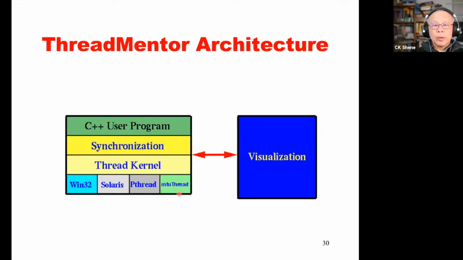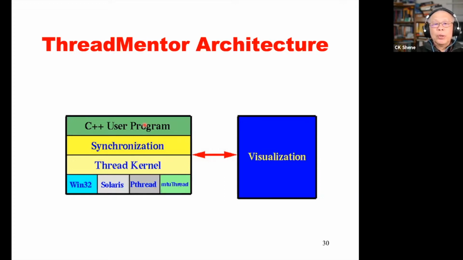We refer to it as MTU thread. So today, the department has no Solaris machine, and Windows moved to Windows 64. So these two are no more needed. And this MTU thread kernel is no more supported. So today, we only use pthread.